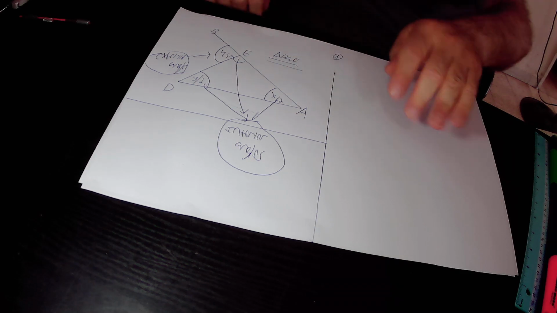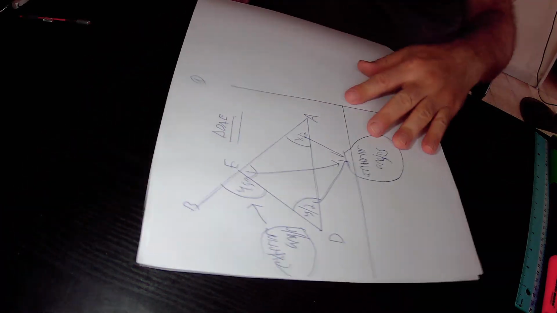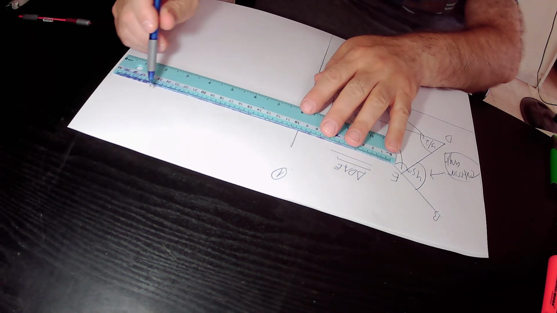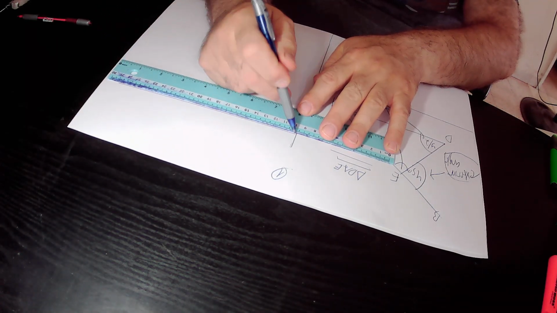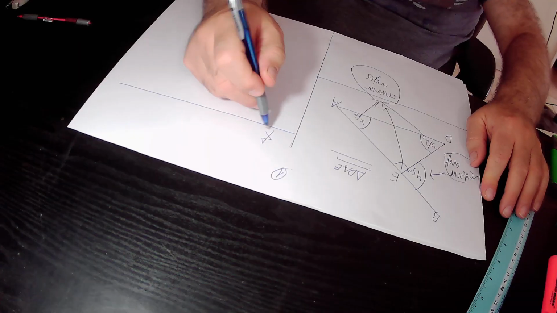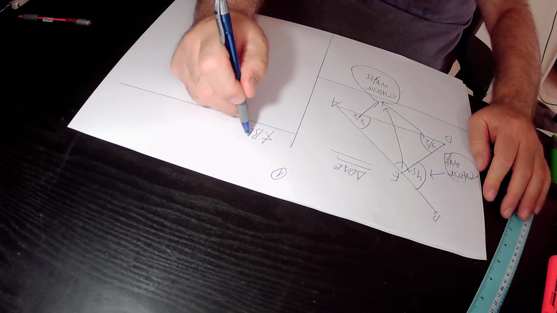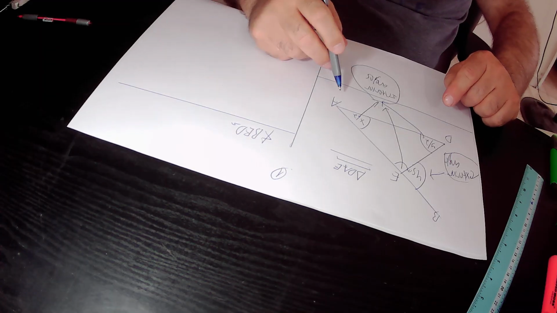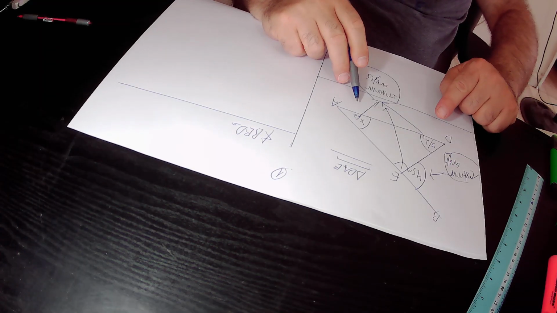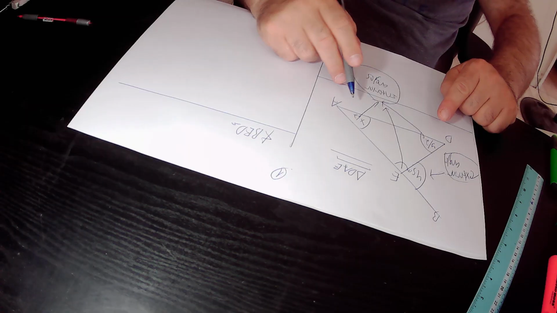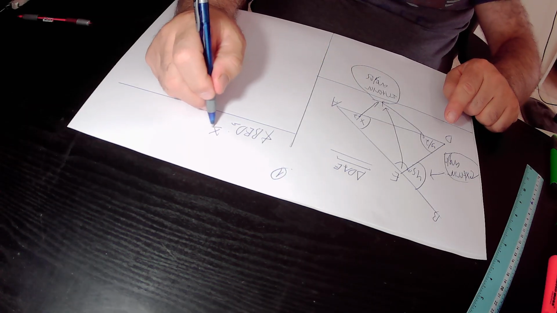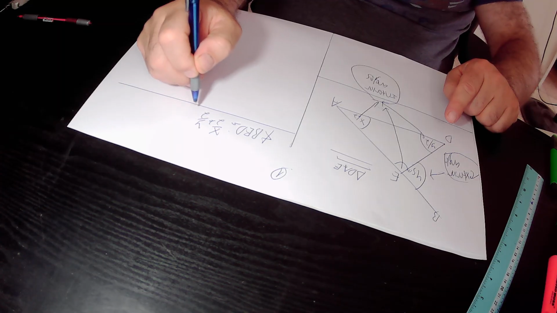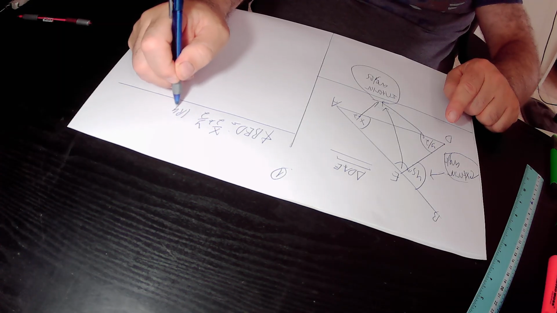So write it down. According to rule 4, the size of the external angle BED is equal to the sum of the two interior angles that are not adjacent to it. That is to say, it is equal to x over 2 plus y over 2, according to rule 4.